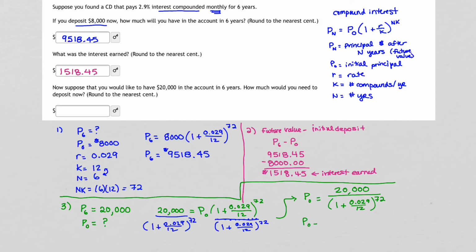Again, I either pull out my scientific calculator or Desmos and I calculate. I get that the initial principal needed would be $16,809.47. This is our third box, $16,809.47.